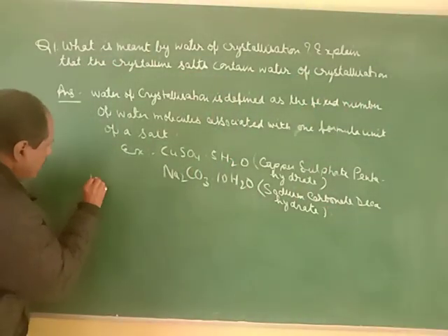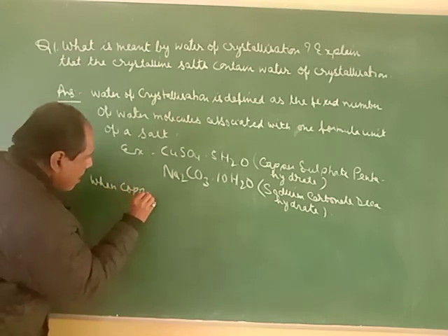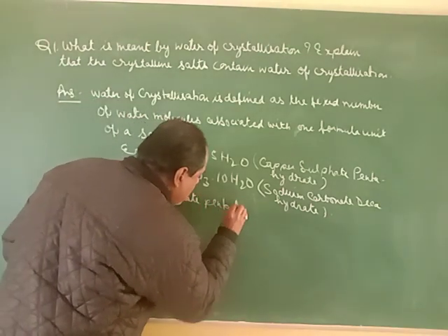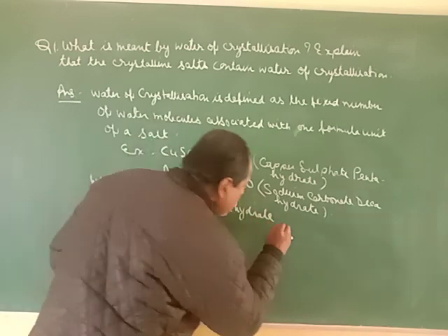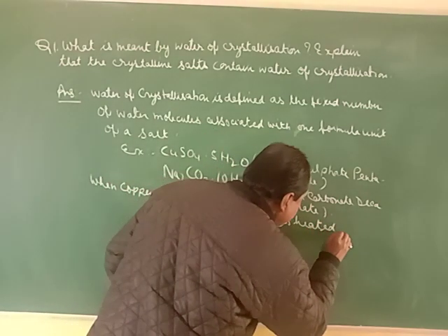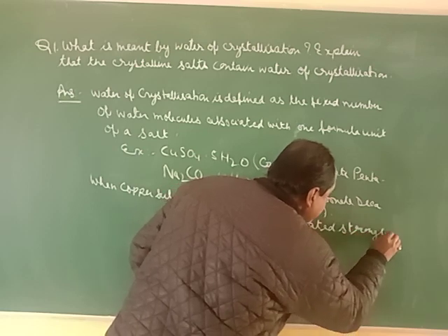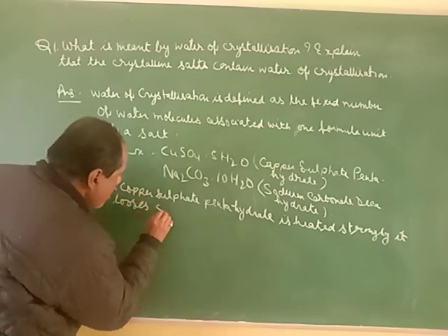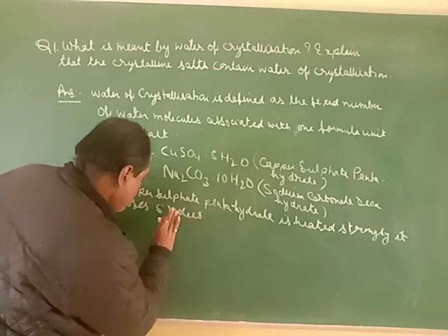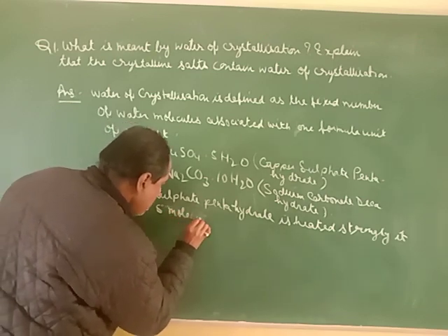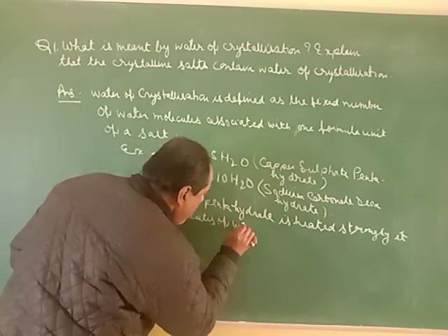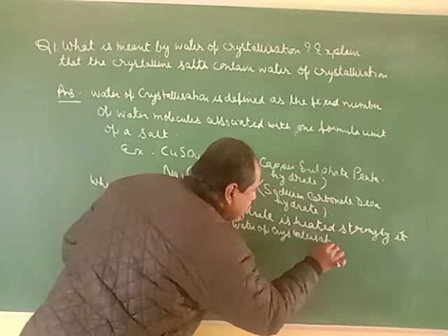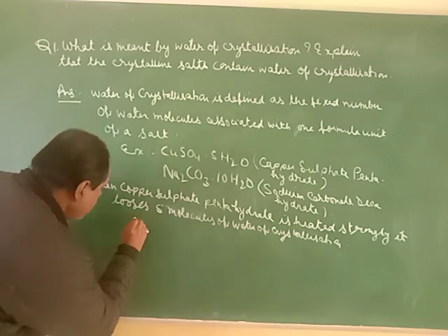When copper sulfate pentahydrate is heated strongly, it loses 5 molecules of water of crystallization. Let us give the equation.